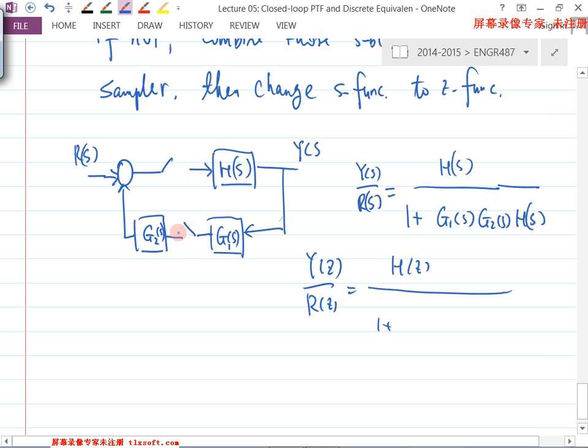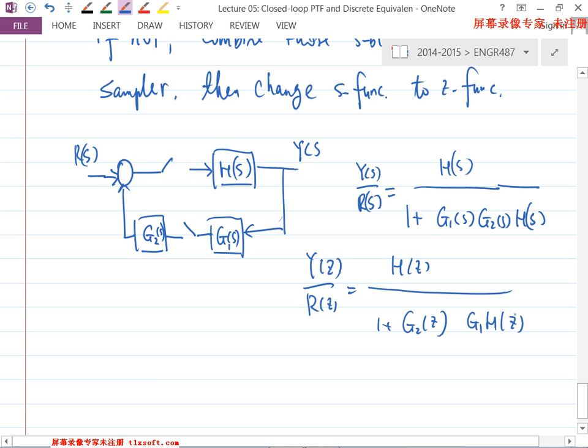So G2 of S can be changed to Z function directly, but you combine G1 and H together first, then change it to Z. So that's the impulse Z transfer function for this one here.